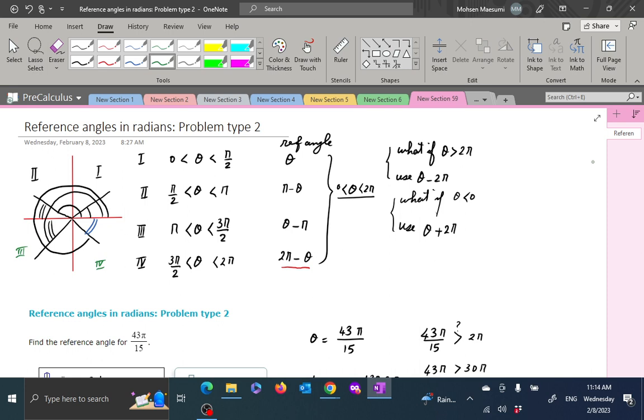Now, if the angle is more than 2 pi, keep subtracting 2 pi's from it until it is in this range. If the angle is negative, keep adding 2 pi's to it until the angle is in this range, and then apply the ideas we had in this table.